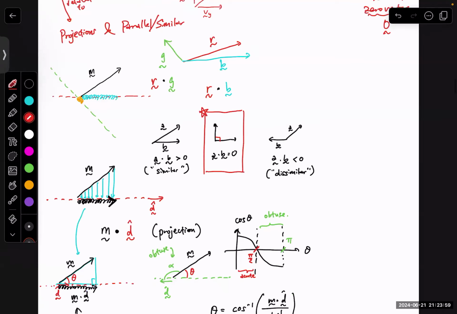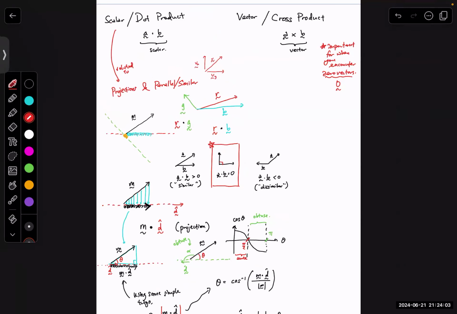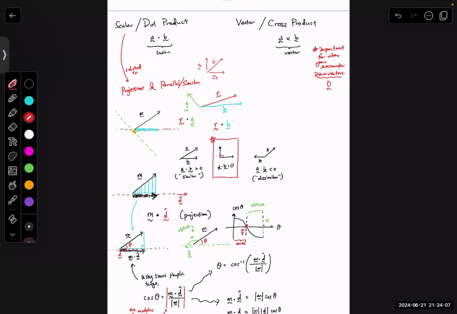This is a bit messy, and I apologize for this, but throughout this pretty messy journey, we see that dot product gives us a lot of ideas that will be covered in the following concepts throughout vectors, lines, and planes. That's why I want to slow down and really cover this in detail.